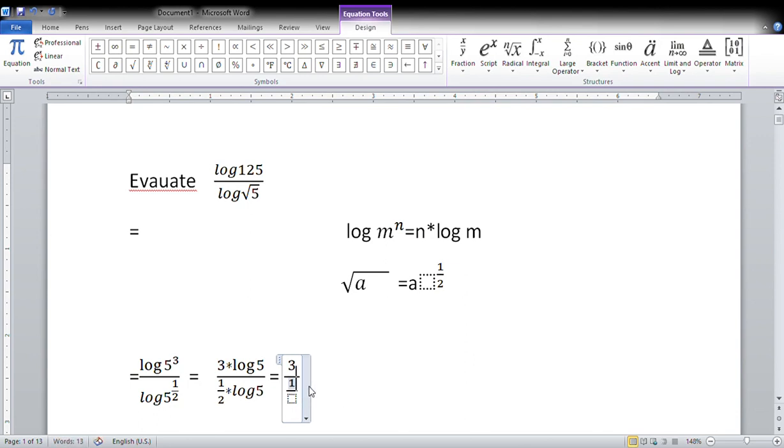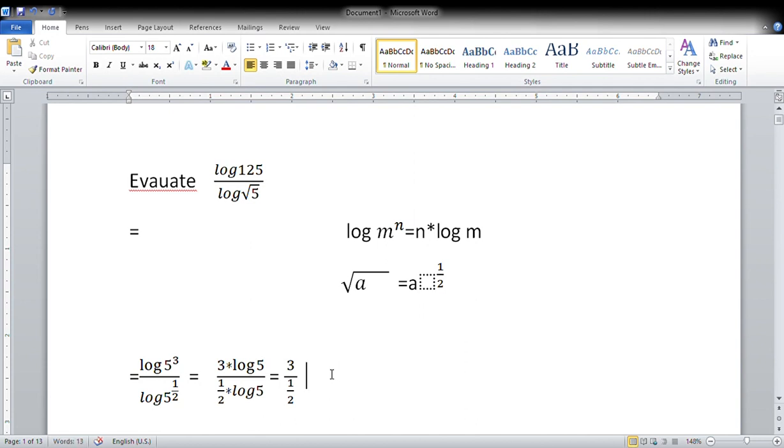So the simple thing is that what is coming? 3. Okay, this 2 will go to the upside. So 3 into 2 is equal to simply 6, right? So 6 will be the answer, right?